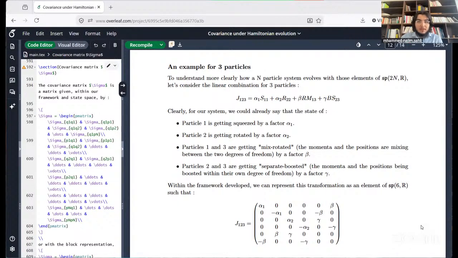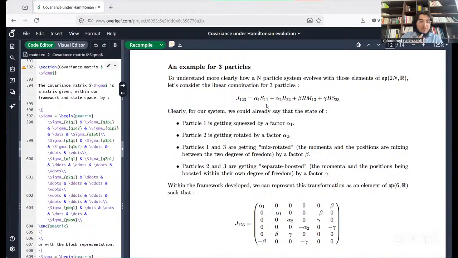For example, at the top, the formula says J123 is equal to alpha 1 S11. We are going to focus on this block first. This term is just telling us that the first degree of freedom is going to be squeezed by a factor alpha 1.